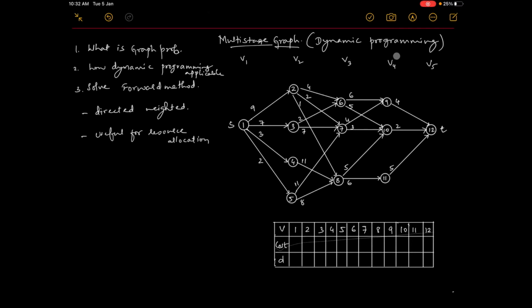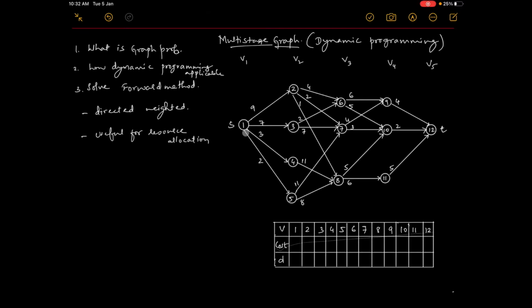Dynamic programming obeys optimality. Optimality tells that either the cost should be minimum or the profit highest. So here you should choose a path such that you reach the destination, that is the sink, with the minimum cost. You have many possibilities.